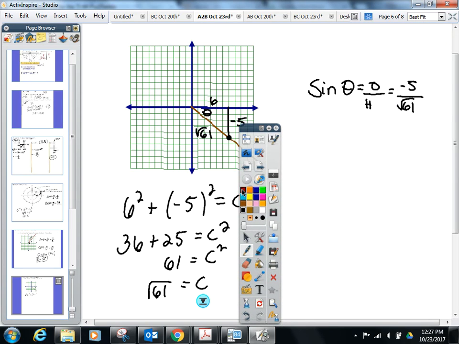What's wrong with my answer right now? So what do you want me to multiply top and bottom by to get rid of it? There you go. So the sine's going to be -5 radical 61 over 61.